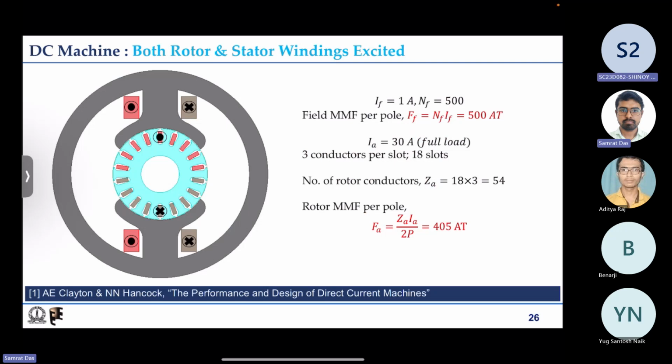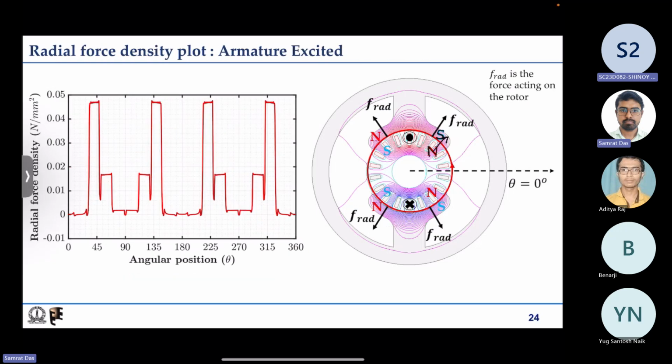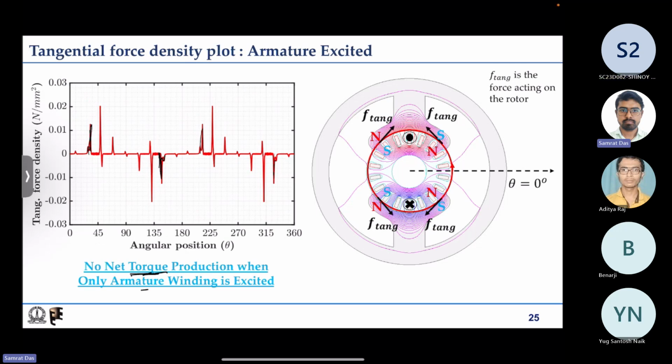Sorry to disturb you, sir. Radial flux density is clearly established with MMF, but for tangential flux density, can we define it with respect to MMF, sir? No, we cannot define it with respect to MMF. It is not possible. Tangential force density is quite low, and analytically it is very difficult to get the tangential flux density.